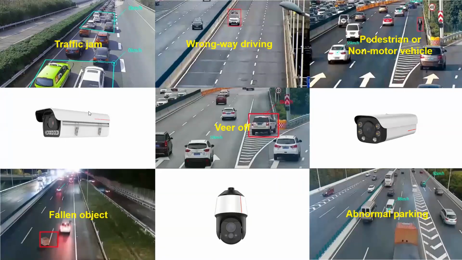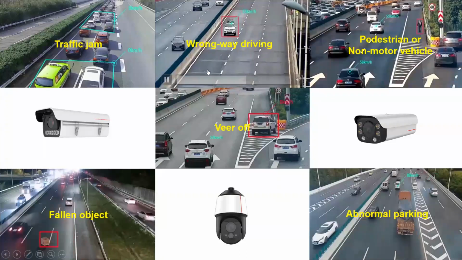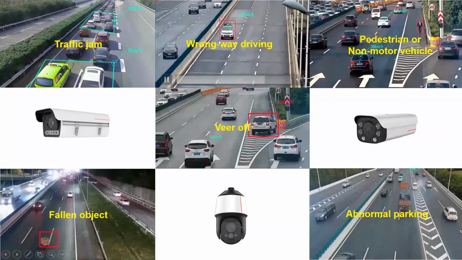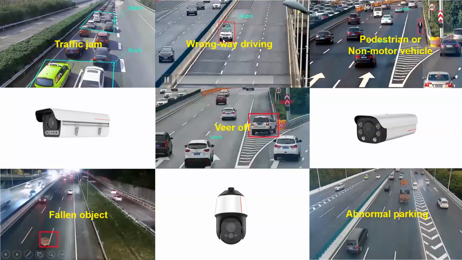So we have several cameras for you to choose from, like the X2391, of course, and M6748. This is our M2241 or the X2241, of course. This detects the wrong way. This car is going the wrong way.